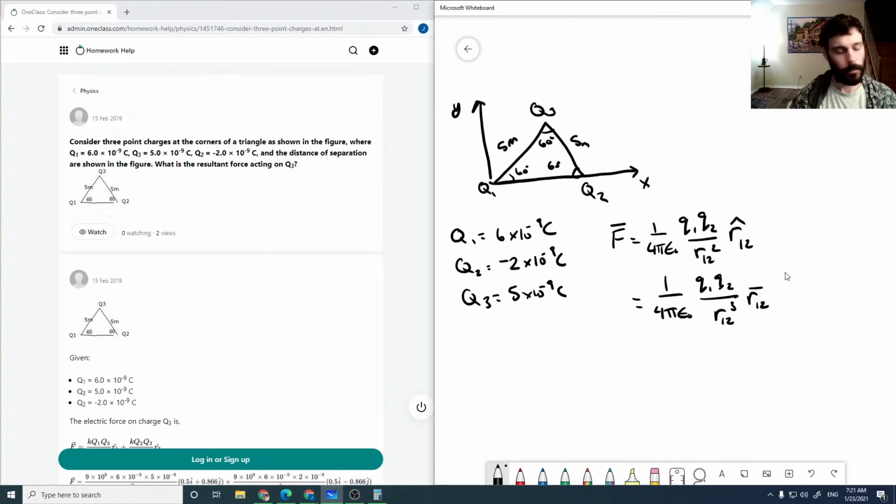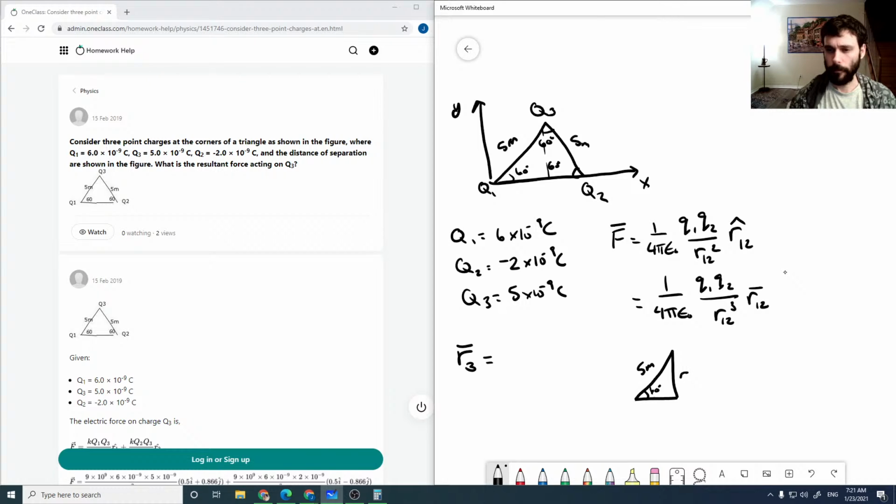And I'm going to define each of the position vectors. So our R3 vector is going to be the more tricky one to do. But we can see that if we draw the triangle from the origin out, this is 5 meters, this is 60 degrees.